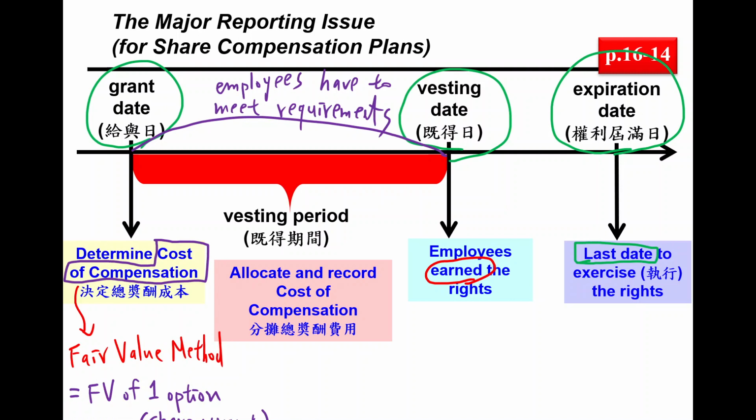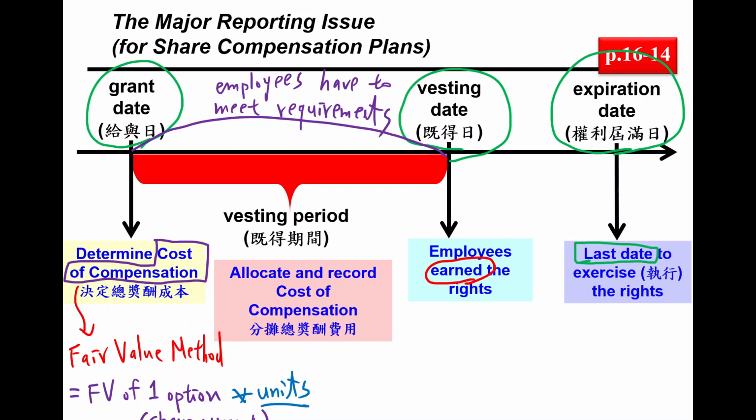But remember, you also have to determine how many rights you give to employees. So times what? Units, meaning how many options, how many rights you give to employees.